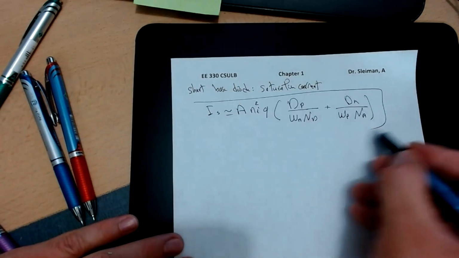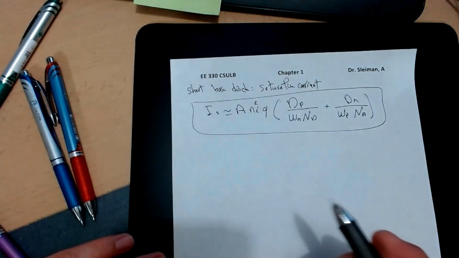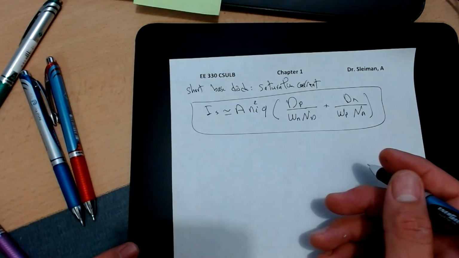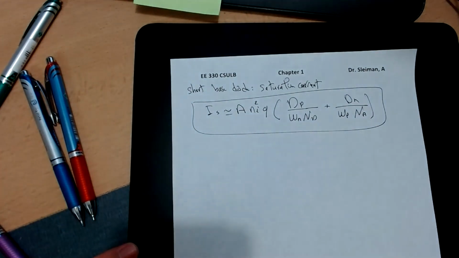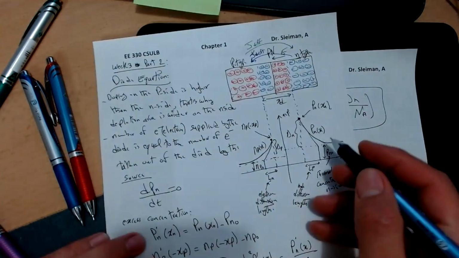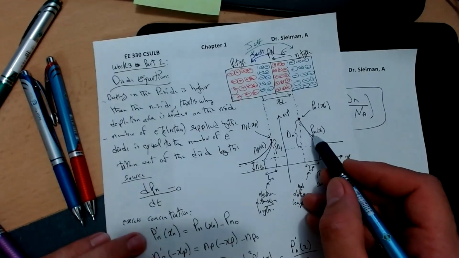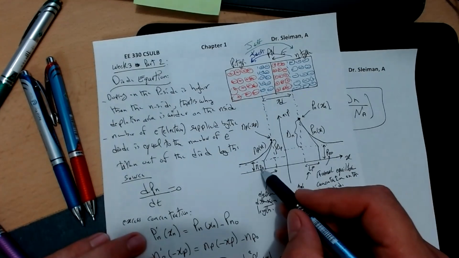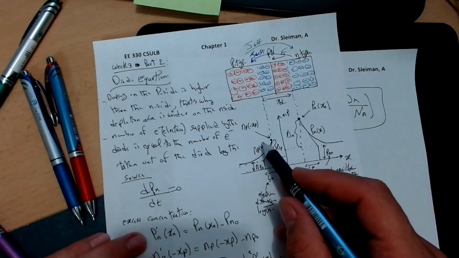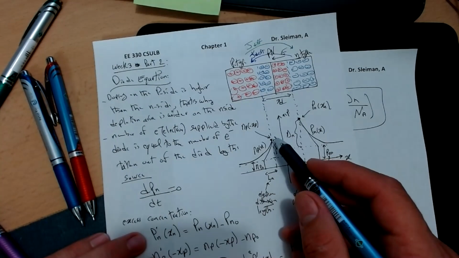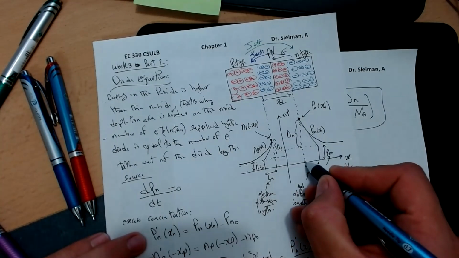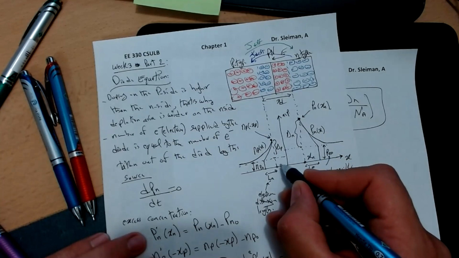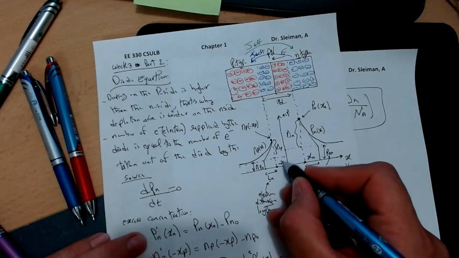So if we distinguish this, this is the pn(x), this is pn0 and np0. Usually at this point this is xn, and at this point this is negative xp.